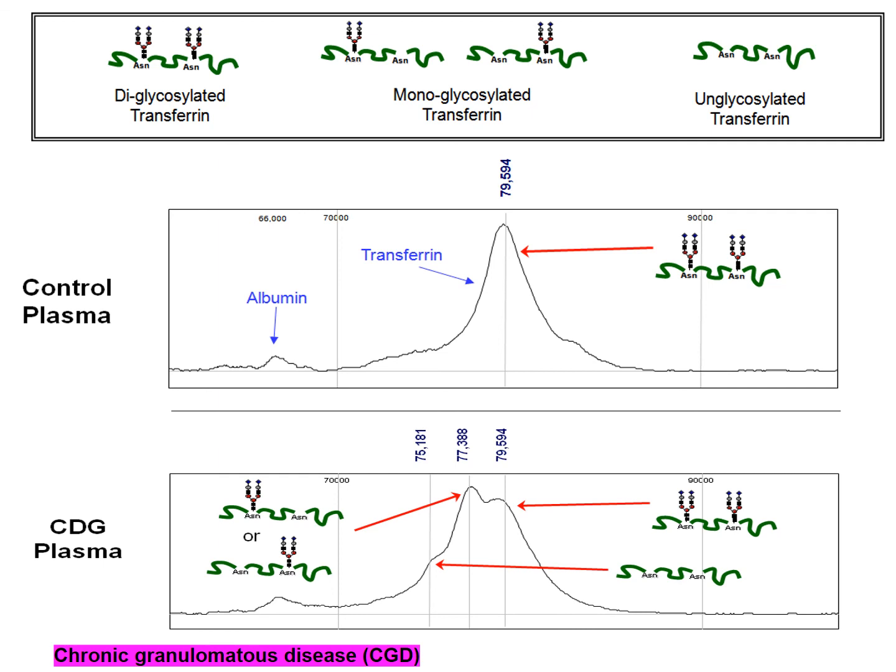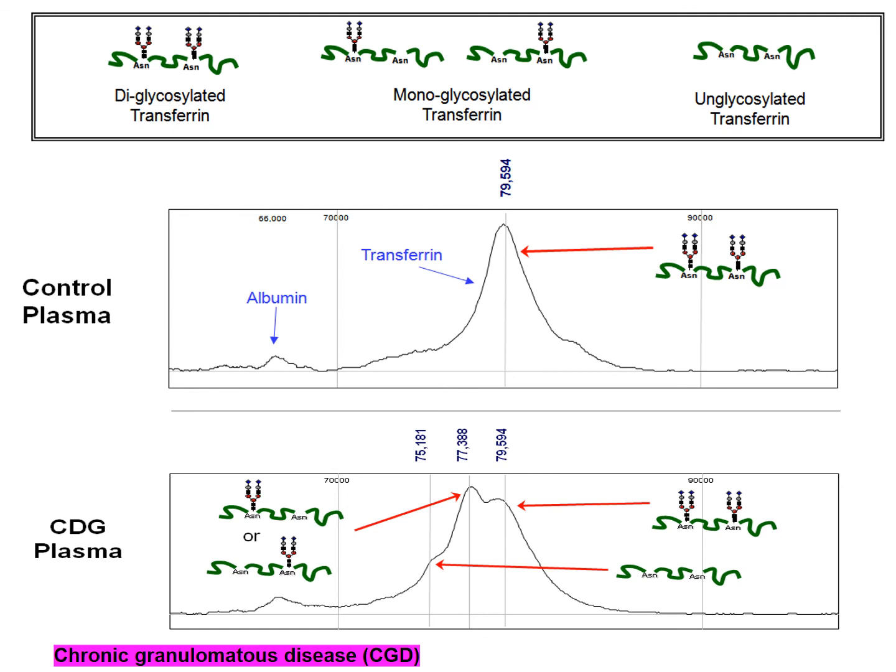So when they add a patient sample from the CDG patients and do this spot and the analysis, look what they find: a shoulder peak, a peak here, and a peak there. This is unglycosylated, this is monoglycosylated, and this is the normal diglycosylated.